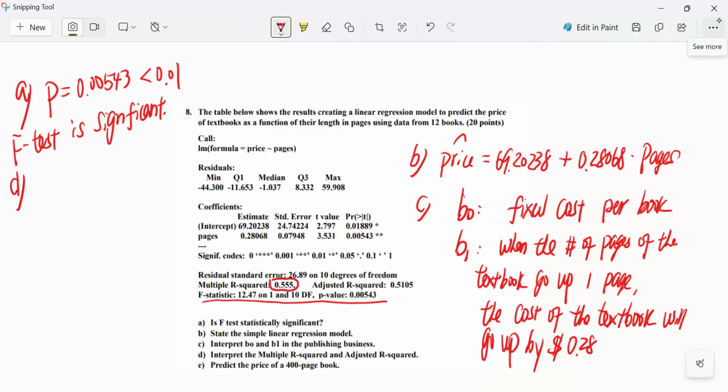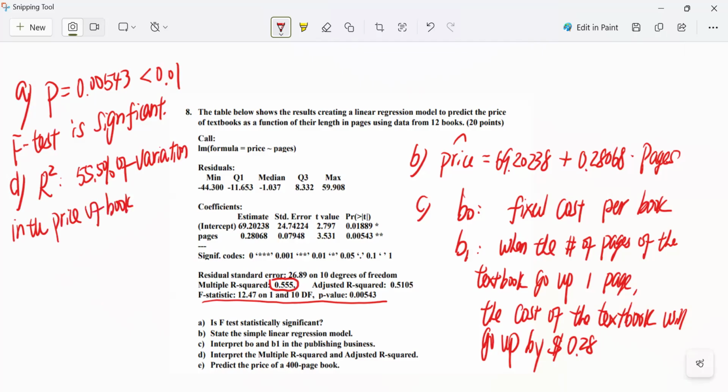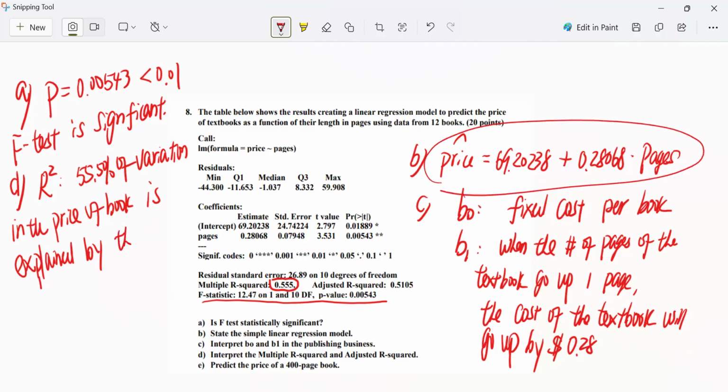So the interpretation: 55.5% of the variation in the price of the book is explained by the variation in the number of pages, or just by the regression model, the simple linear regression model.